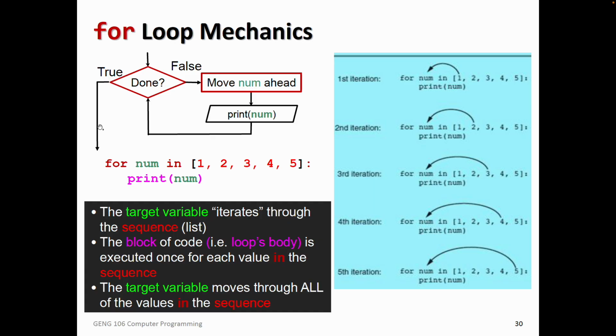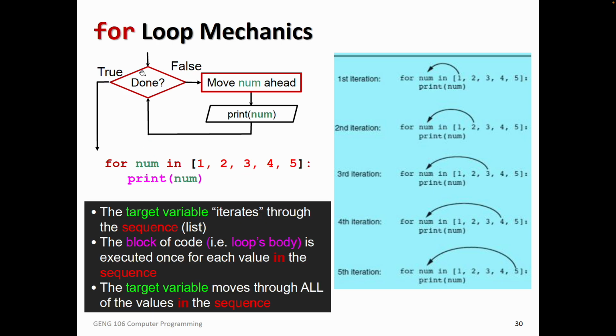So when we write this code, for num in 1, 2, 3, 4, 5, and then print num, what is happening is the computer starts, and then we check, okay, are we done? Are there still some more items in our list that we didn't process yet? Yes. Okay, then pick one item from that list, do our statements, which in this case is printing, and then check again.